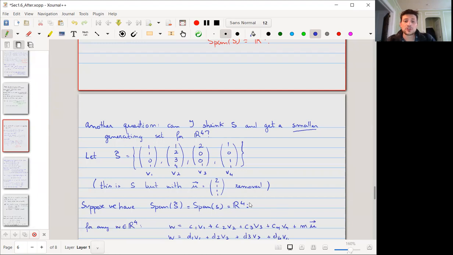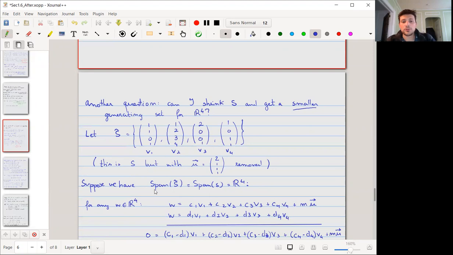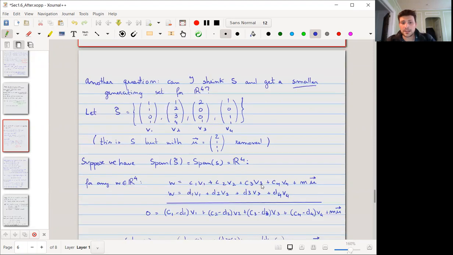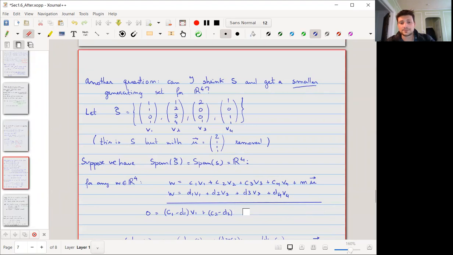The way we can make sure of this is the following. So suppose for a second that it is. The computation that we would like to do is this.